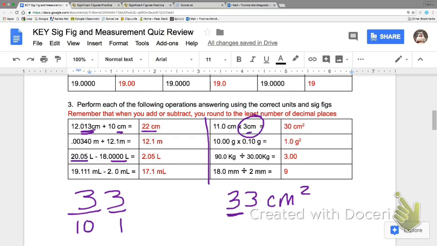So we keep the value of this 3, but replace the other significant 3 with something non-significant. The only thing you can use in that ones place that won't count is a non-significant 0. So that's what we're going to put there, and then the units are centimeters squared. So rounding correctly goes to 30 centimeters squared, not 3.